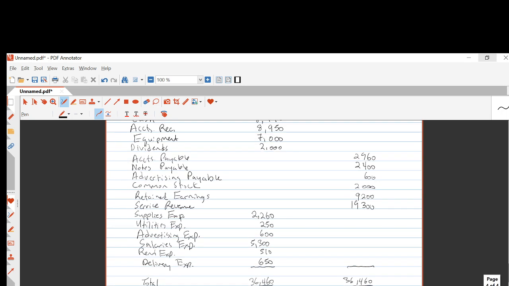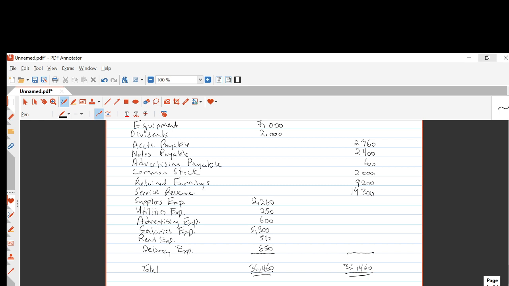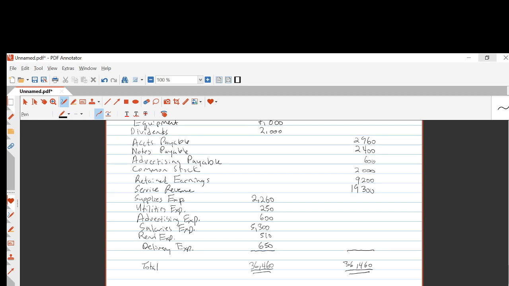Now, this does not ensure 100% that you didn't make an error. For example, we could have debited an account for $100 more than we should have. But then if we credit another account for $100 more than we should have, the debits and credits are still going to equal each other, but we've made an error.